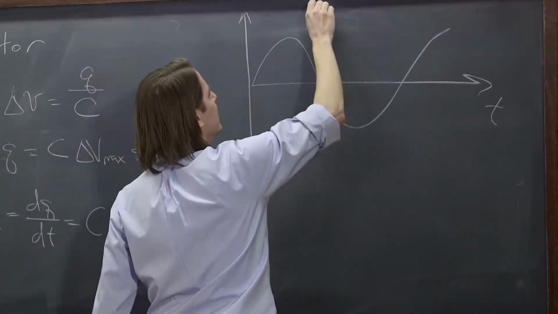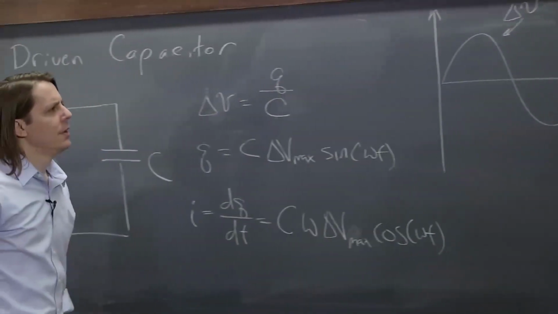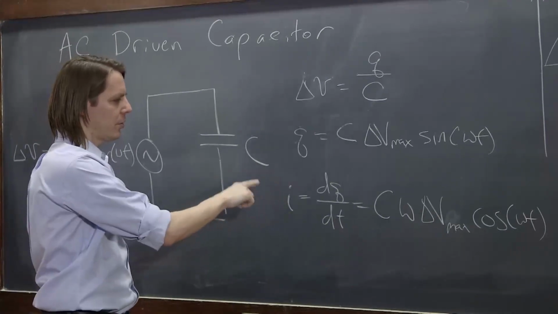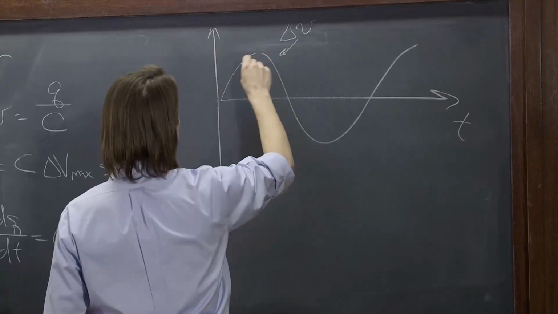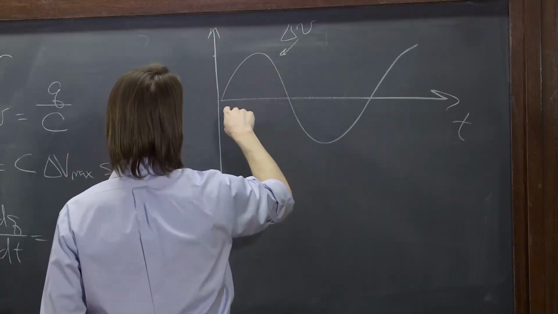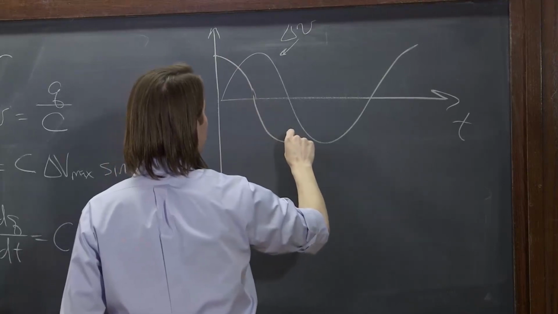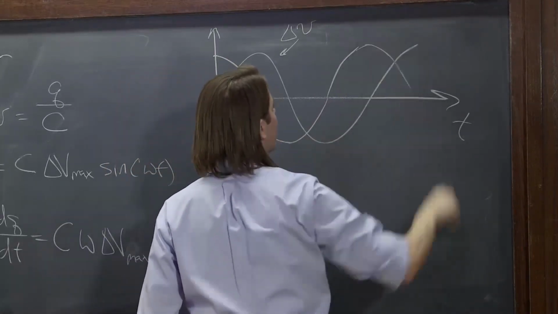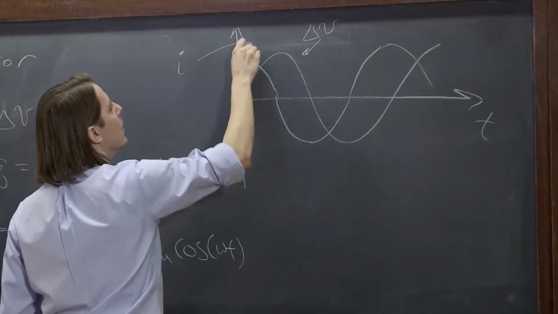So this is delta V there. And then the current we derived is a cosine. So we know it starts high and goes low. So it's going to start up here and it's going to hit 0 when that is a maximum, and minimum when that is 0, and 0 when that's there, and this when it's there, like that. Where this is I.